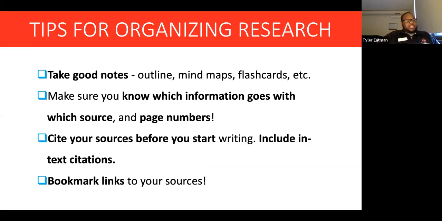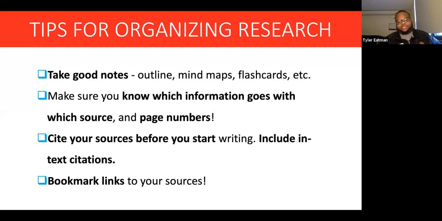So now let's talk about tips for organizing our research. Our first step is to take good notes: outlining, mind maps, and flashcards. Like I talked about before, maybe have your mind map available, so you know what topics you want to talk about, and to fill in the circle even more, you can add more notes to it from the research.